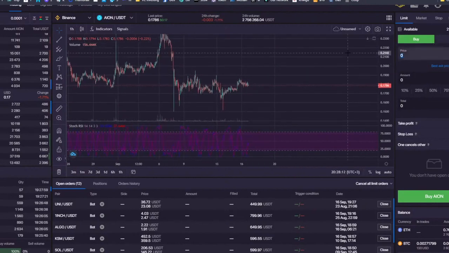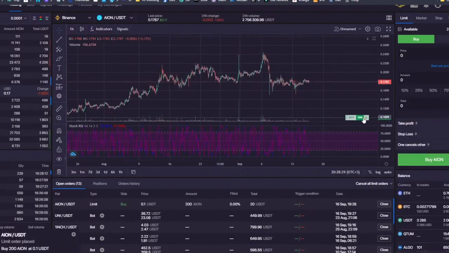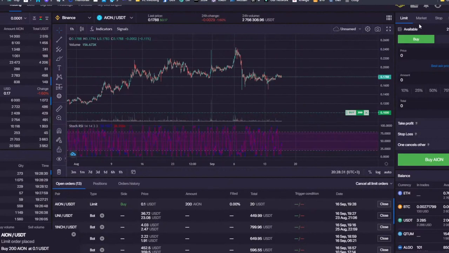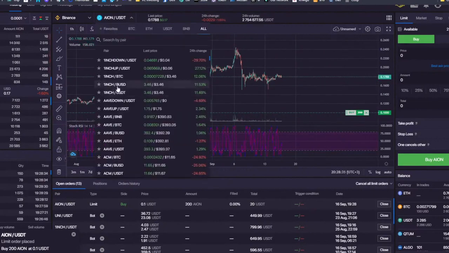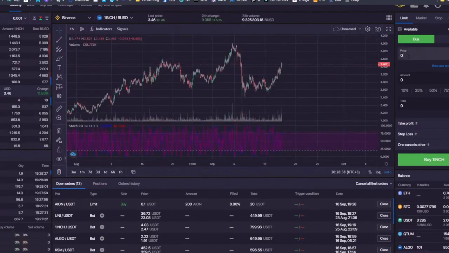Maybe let's try again real quick. Let's say I want to buy this at this price, $20. Buy. Yep, so that's the order. And let's say I want to set another one on 1 inch to BUSD at $3.20 in total.